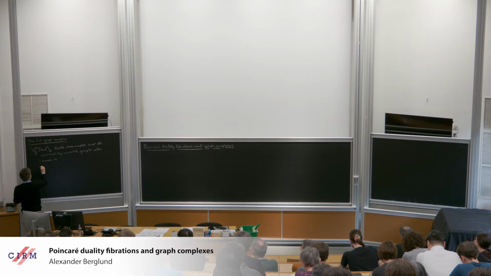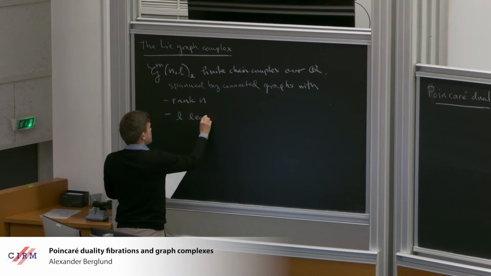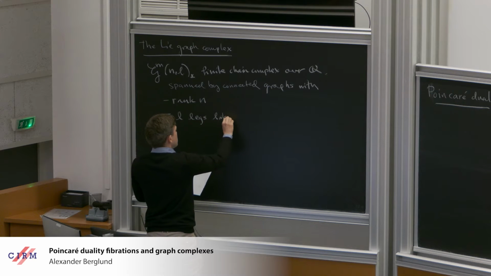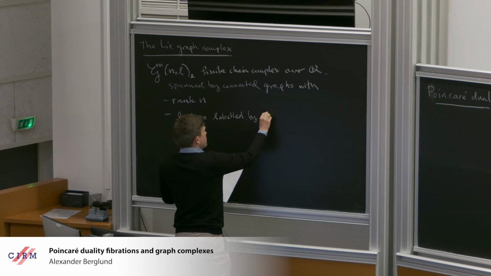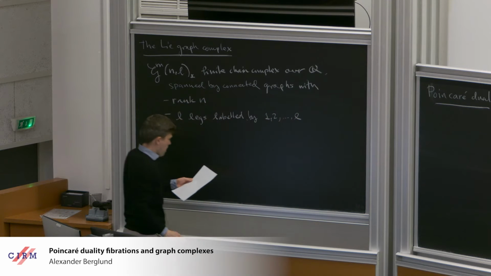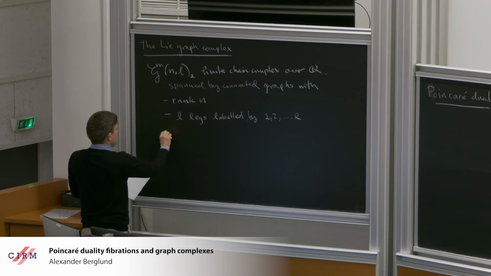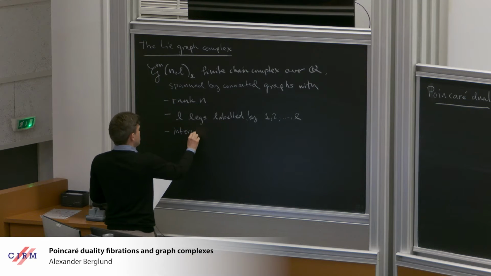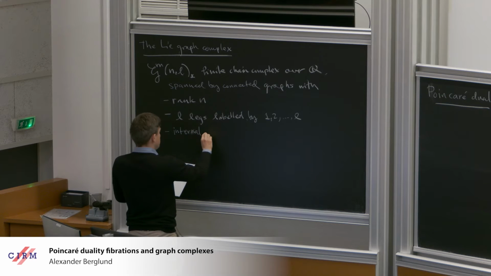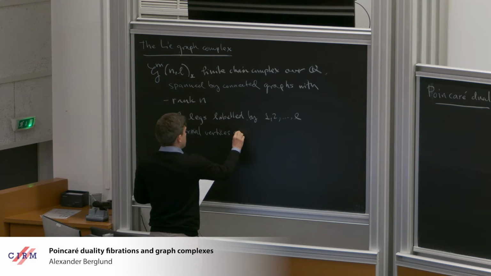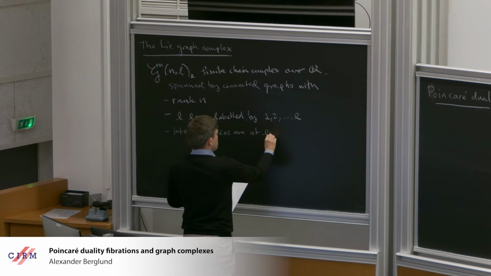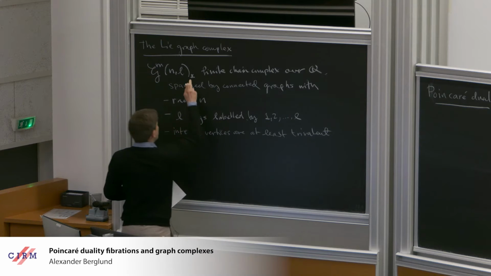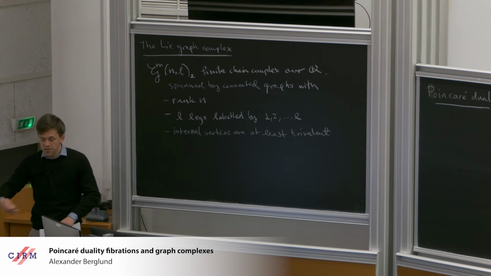And then L here means I have L hairs or legs, labeled by the integers 1 up to L. And then you have internal vertices that are at least trivalent, and the way I grade this is that the homological degree will be the deviation from trivalence.